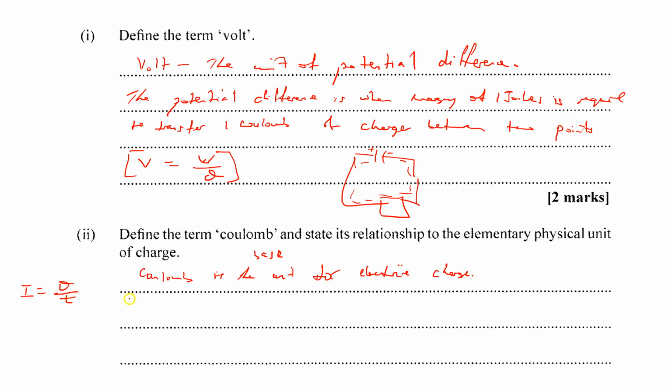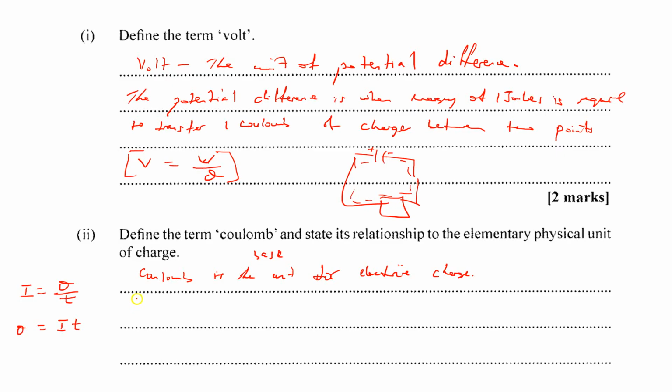In order for us to define coulombs, which is the same as the unit for charge, we transpose the equation to say Q is equal to I times T. If you wanted to find the amount of charge, you would transpose to get IT.